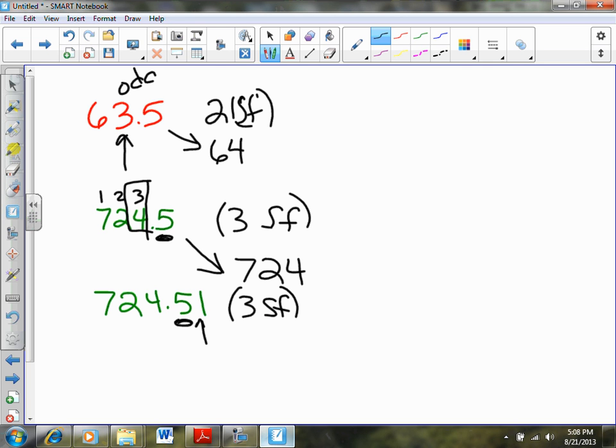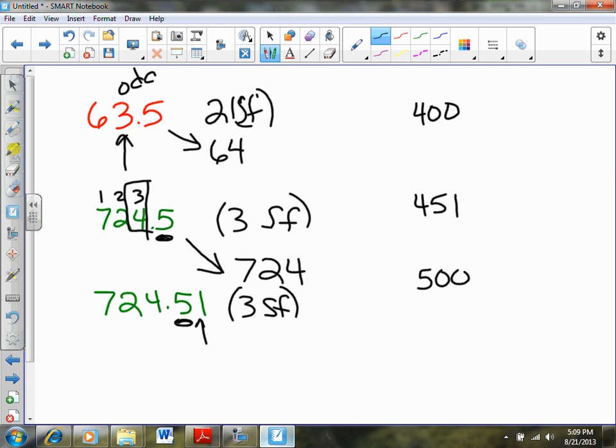So do I still leave it at 724, or now do I round it up to 725? And so the easiest way for me to try to explain this to you is with a number line. So we'll put 400 here, and we'll put 500 here on a number line. Exactly in the middle would be 450, but I have 450.1.